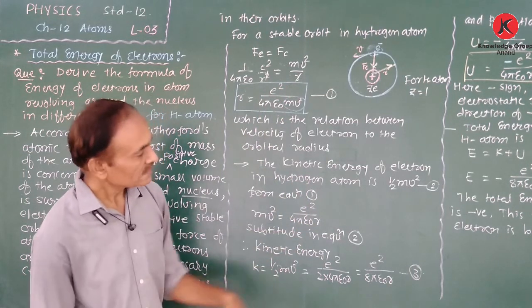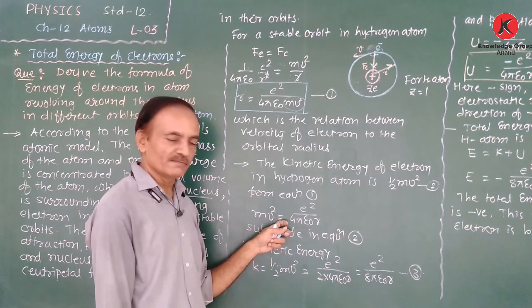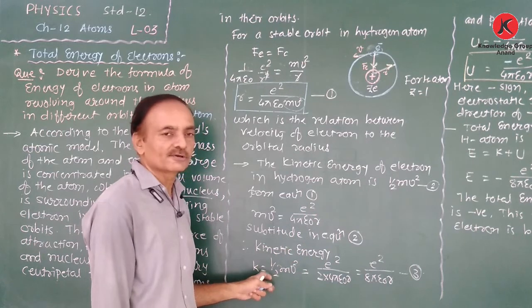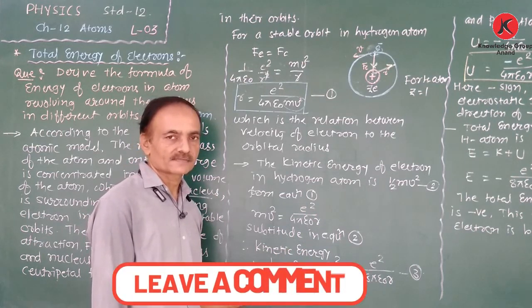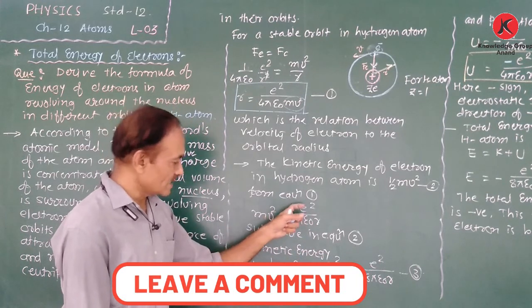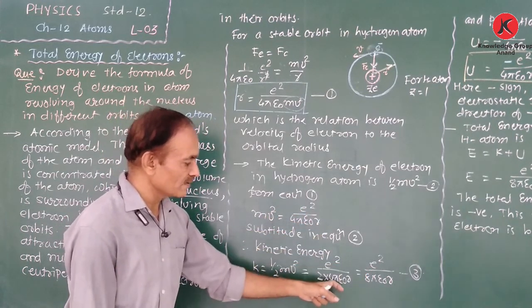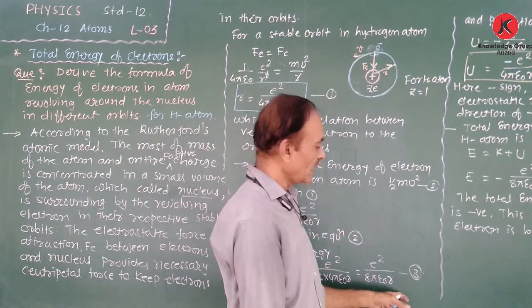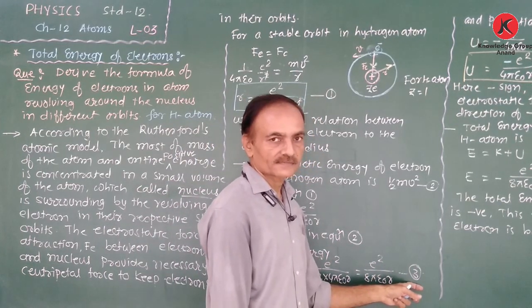Right? Substitute this value of mv square in the equation of kinetic energy. K is equal to half mv square, so is equal to half into e square upon 4 pi epsilon 0 r. Therefore, e square upon 8 pi epsilon 0 r. That is our third equation.